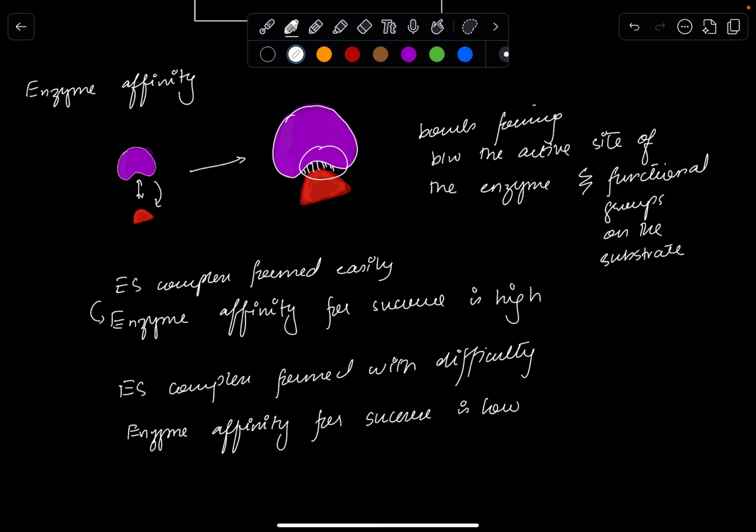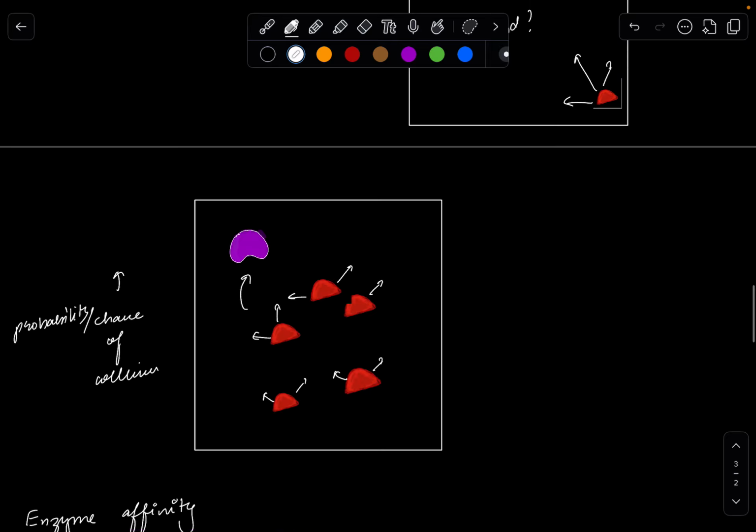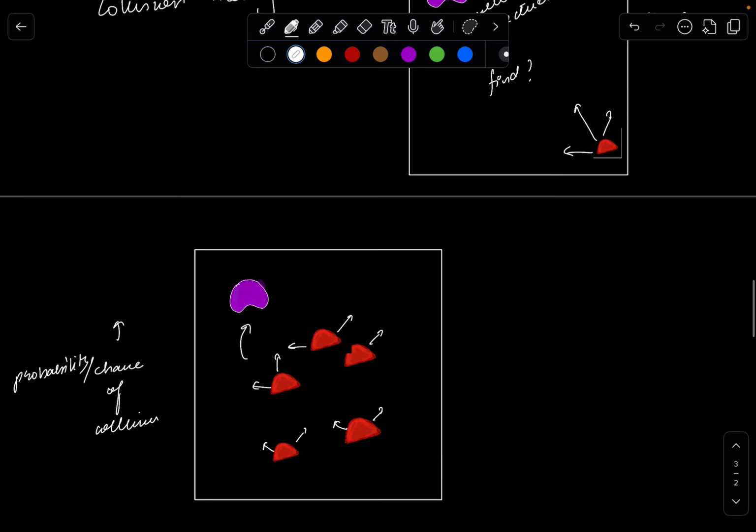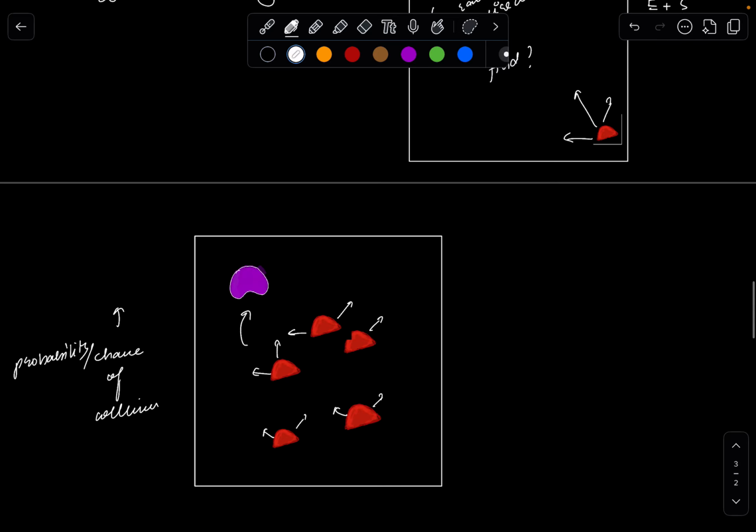So effectively, these two principles are how enzymes work. Enzyme affinity, which is when the substrate bumps into the enzyme, how likely are they to form a bond? So you can think of your two hands kind of interlocking right now. How likely is that going to happen? And the second is collision theory. Is the substrate going to find the enzyme?